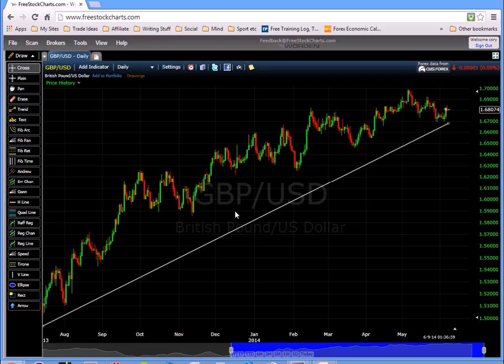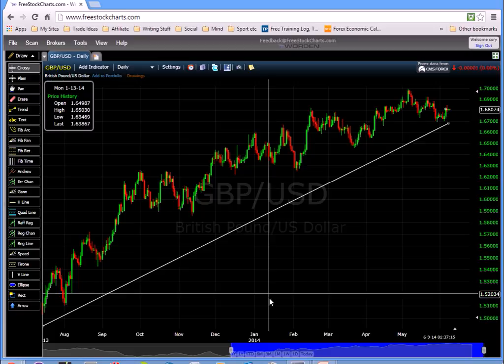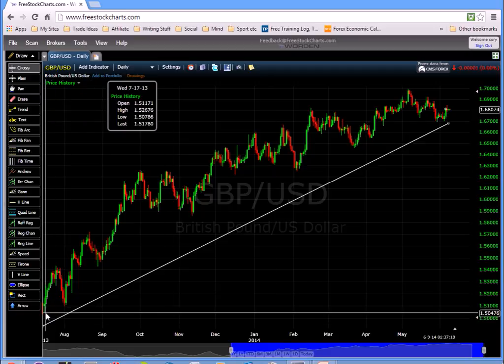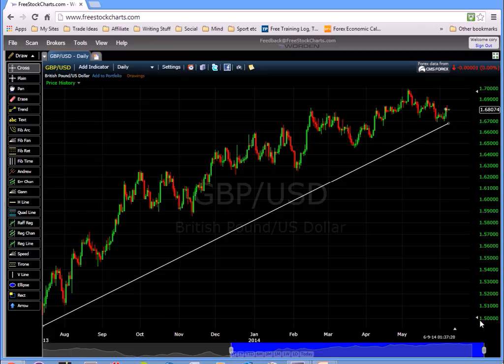We can see that because if we think of the British pound as 1, back at this point here it was costing us about $1.50 US for 1 British pound.